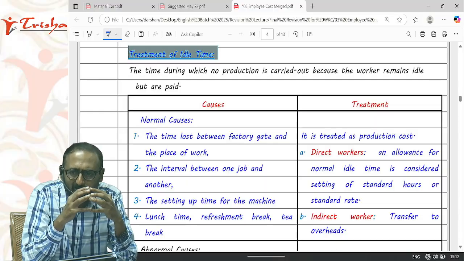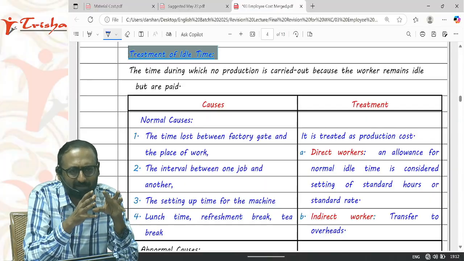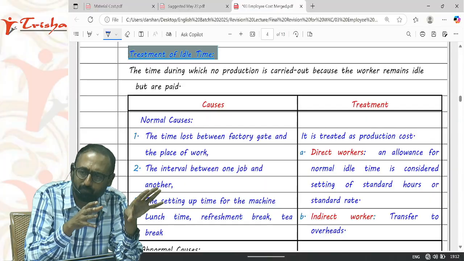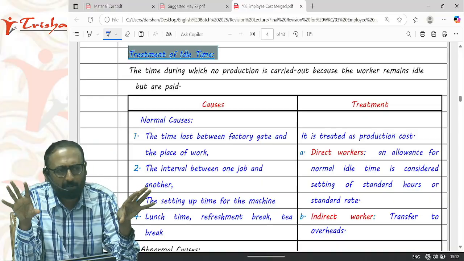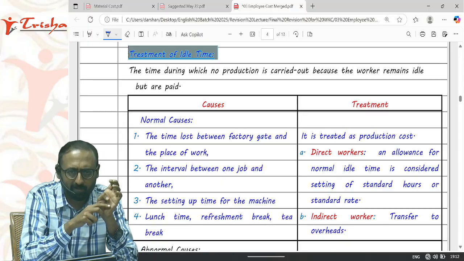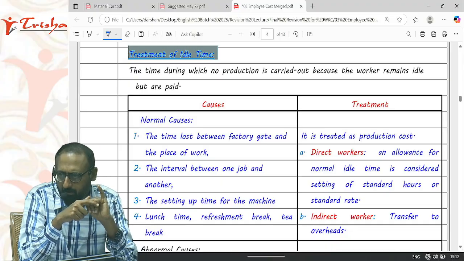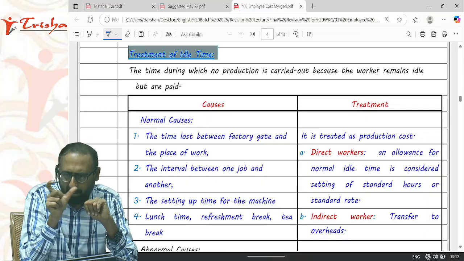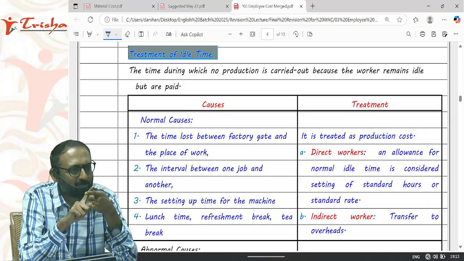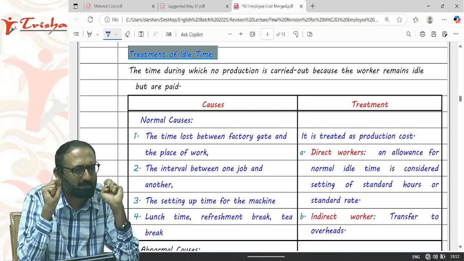Now, what are the reasons for idle time? Idle time has so many reasons. The first category is normal idle time, and the second category is abnormal idle time. Normal idle time includes lunch break, tea break, coffee break, refreshment break, fatigue break, time between two operations, time required from the factory gate to the production floor, and the supervisor giving some instruction.